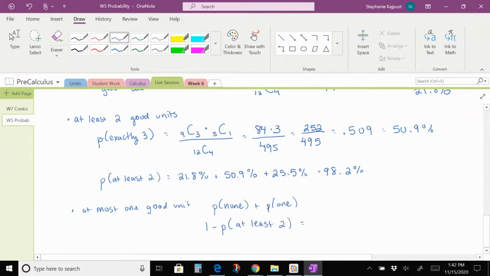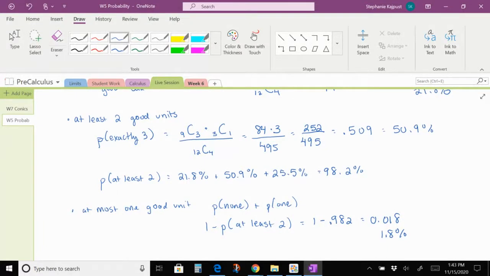So this would be where you could use the complement, because at least and at most are sort of complements of each other, as long as you have that cutoff part just right. So that would be 1 minus, and we'd use the decimal point version, 1 minus 0.982, 0.018, or 1.8%.